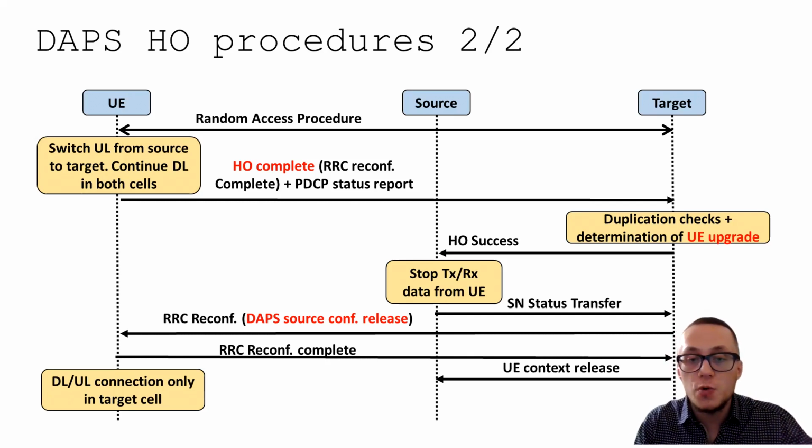If everything is okay, the UE replies with RRC reconfiguration complete to the target base station because it is already connected only to the target base station. The target base station sends a UE context release command to the source base station in order not to keep the previous configuration, previous cell and C-RNTI, for example, parameters about the UE in the source node.